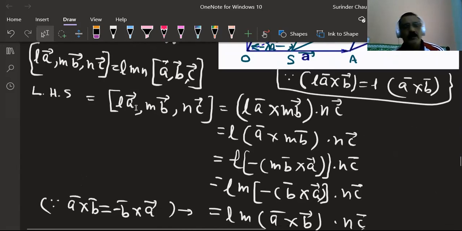So in a general way, if you take L equal to 1, M equal to half, N equal to twice, this is equal to 4 times.